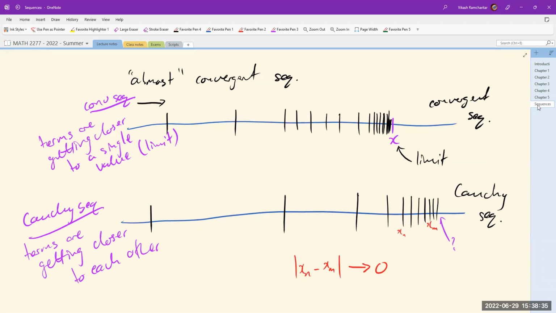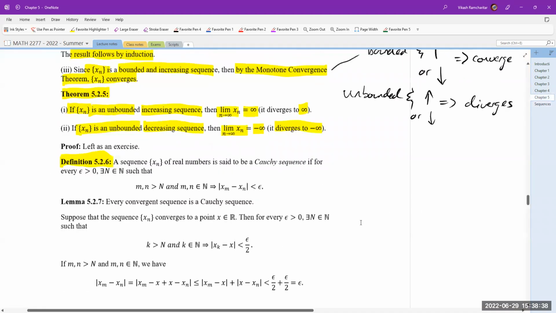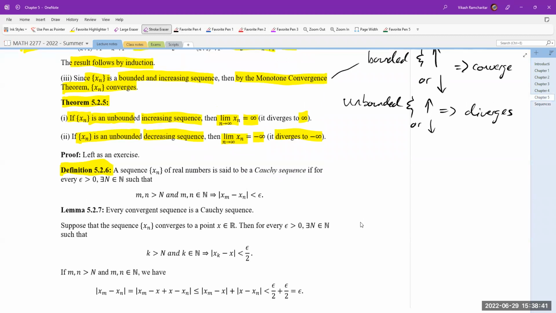All right, so let's look at the definition for a Cauchy sequence. This is something you really need to have down for analysis because it's used so much. So a sequence of real numbers is said to be a Cauchy sequence. Usually mathematicians just say it's Cauchy, but we'll use the full term for now. If for any epsilon, so for any radius, there exists a natural number N. So it's looking like the same definition as for a convergent sequence so far.